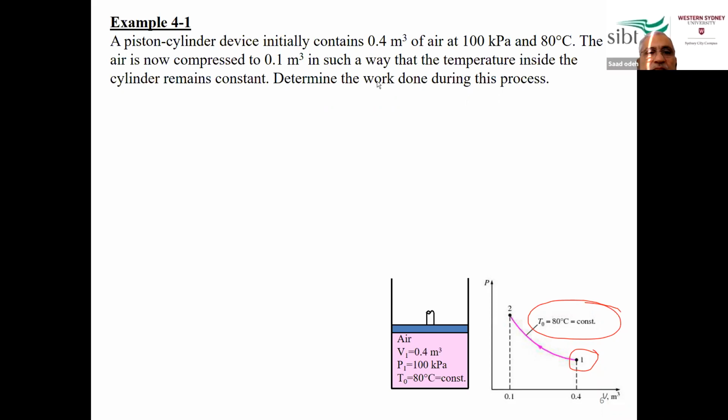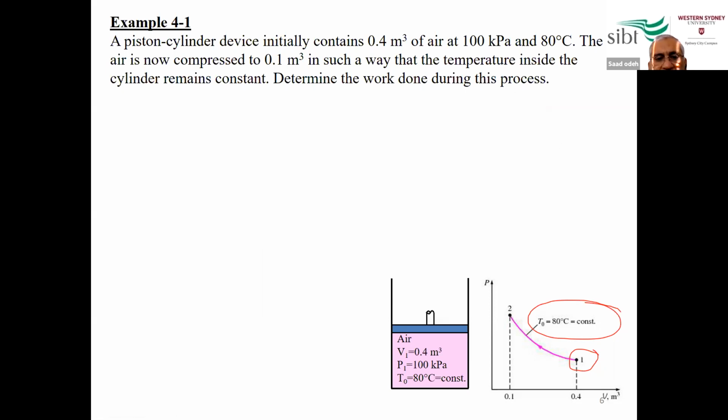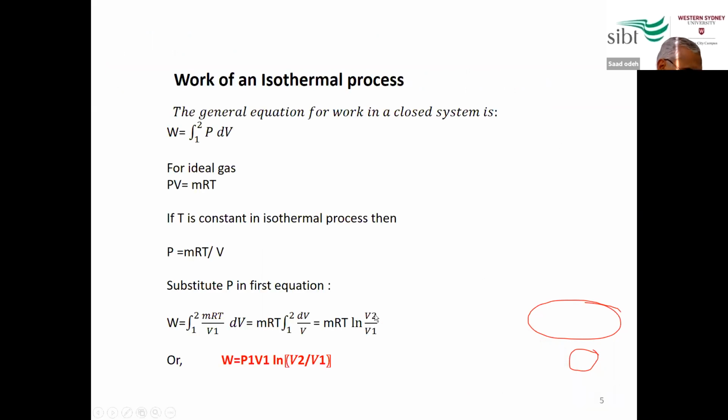Okay, so we need to know the work done during this process. So can you please, everyone, work this out? Let me give you a clue for this. You need to use the equation for the isothermal process work from before, this is the equation we used, or this one.